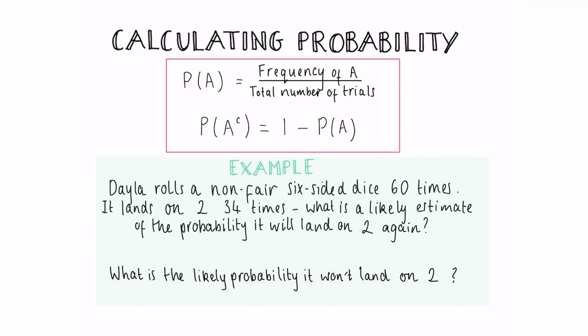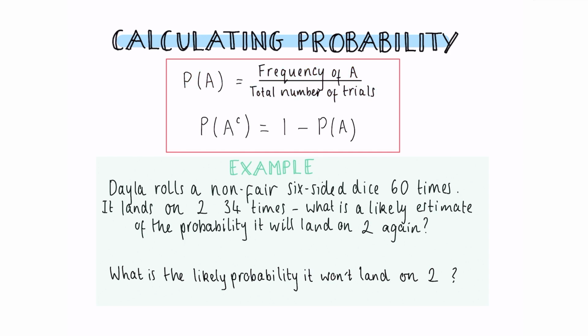Next, we'll take a look at how we can calculate probabilities from experiments. The probability of an event A occurring can be estimated by the frequency of A happening during a certain number of trials divided by that same number of trials.